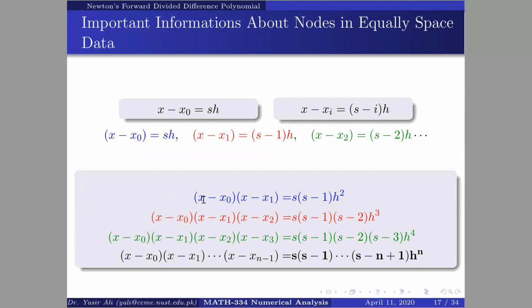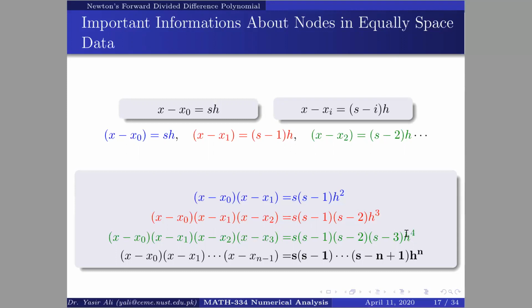So we can see that using the equally spaced data, we can write the product of x minus x naught and x minus x1 in the form of s into s minus 1 into h square. For three factors, it will be s into s minus 1 into s minus 2 h cube.